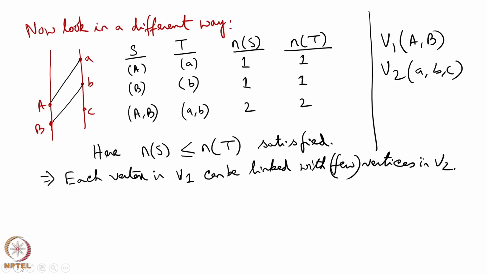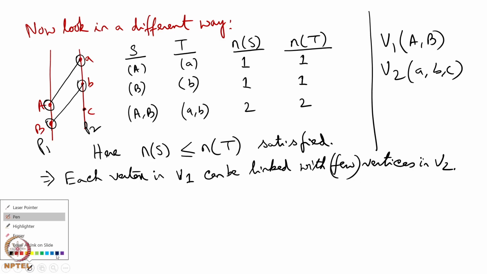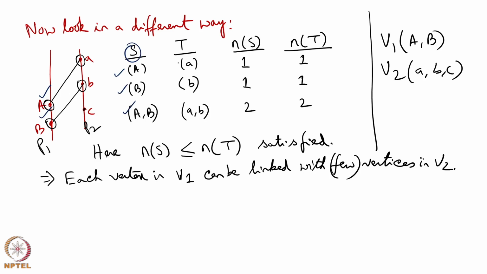Now, let us look at it in a slightly different way. In the succession P1, there is a succession P2. A and B are the two vertices that are to be linked, and the geologist has linked them with small a, small b, while small c got escaped. Here capital S will be given by a column A, B and AB together, and T will be given by A connects with A, B connects with B, A comma B connects with A comma B. So, here NS is equal to 1, 1 and 2, and here it is 1, 1 and 2.